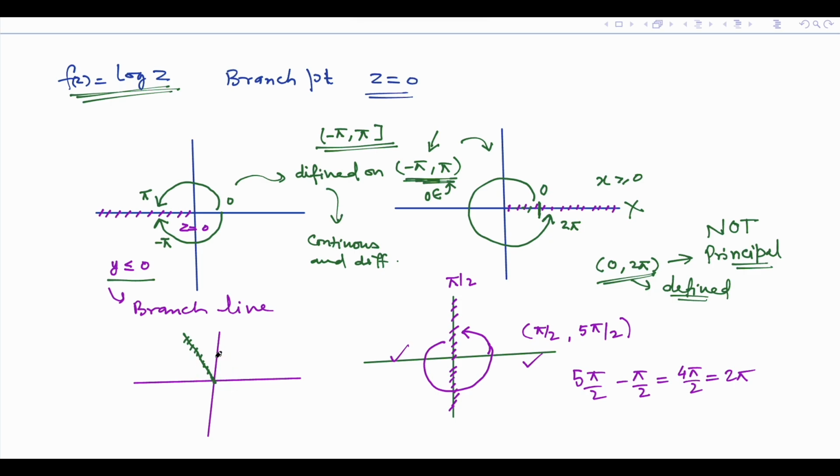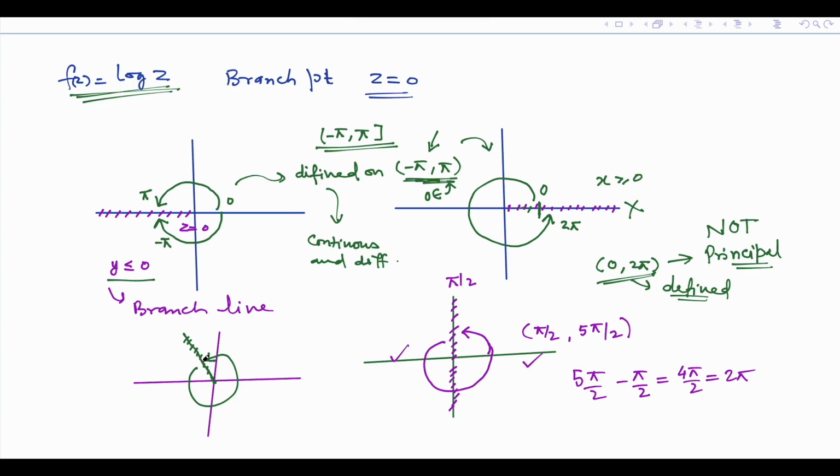Then you have to take care of running from this to this, depending upon where you start theta and where you end theta, because this branch line or branch cut will not cross the curve. Whenever you cross this, your function is not at all defined and even has jump discontinuities. On the branch line it is not defined.